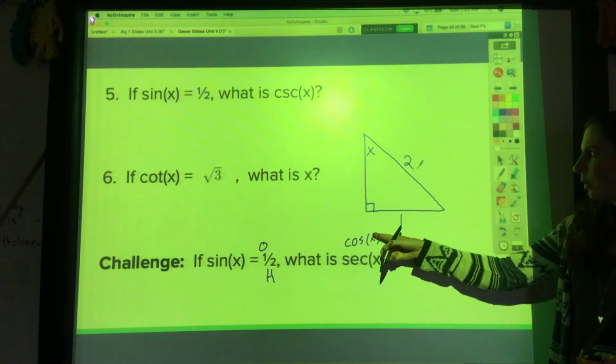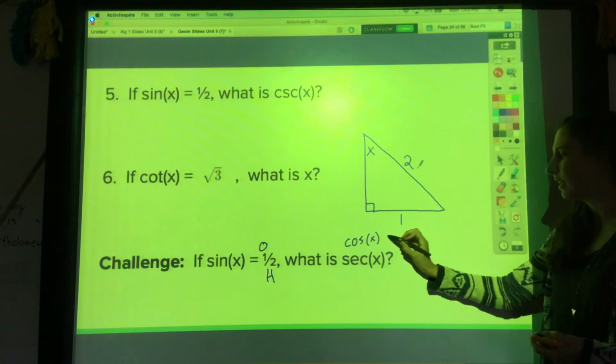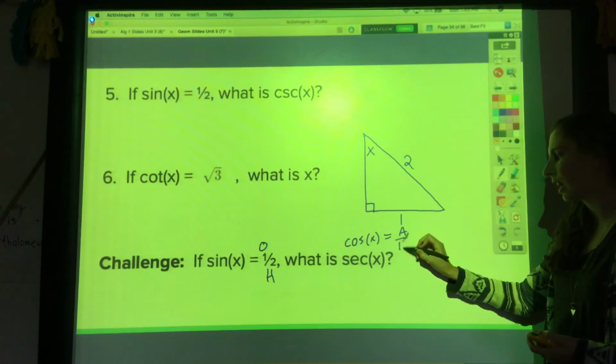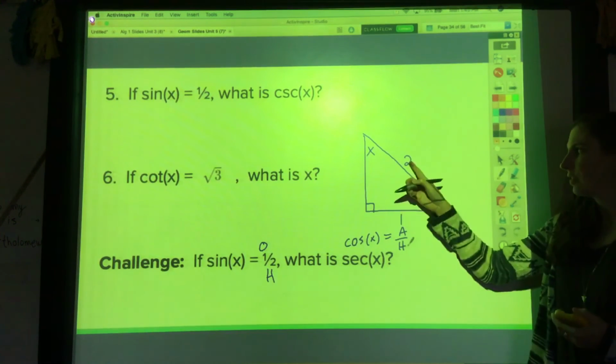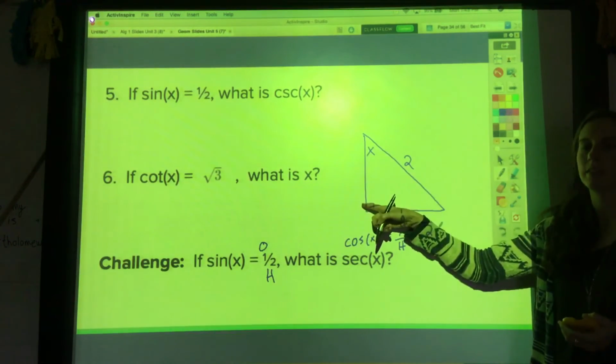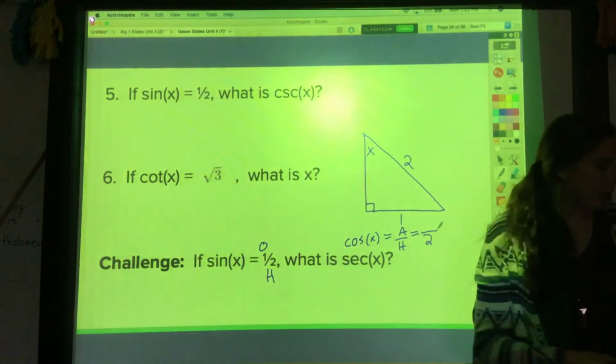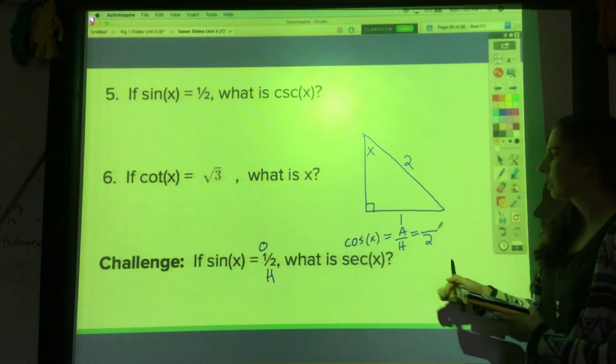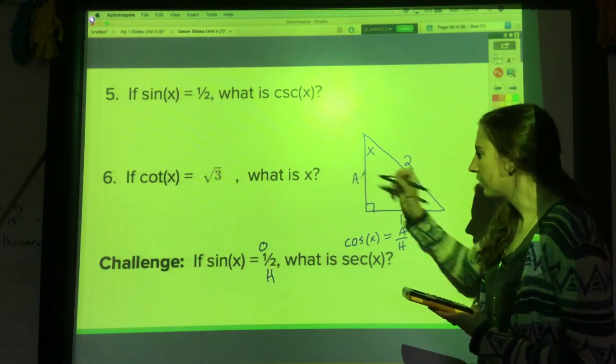If I want to find the cosine of x, that is the adjacent over hypotenuse. I have the hypotenuse, it's 2, but I don't have the adjacent side yet. To find that, I'll actually need to do Pythagorean theorem. So let's just call this A for adjacent.